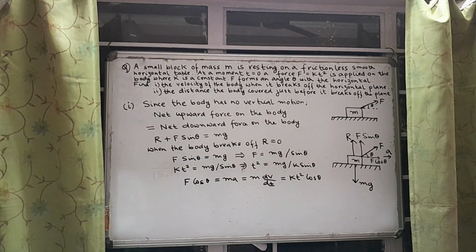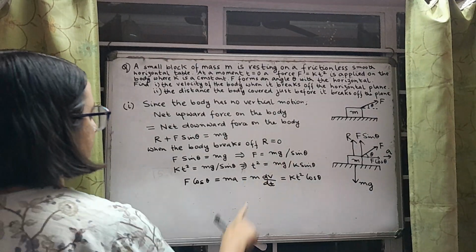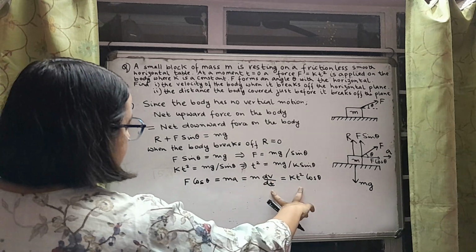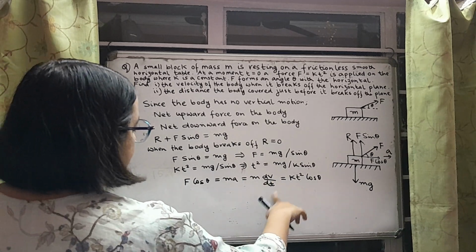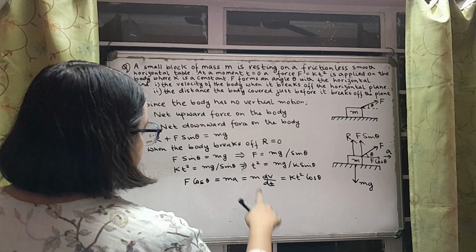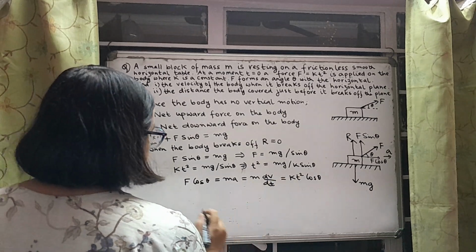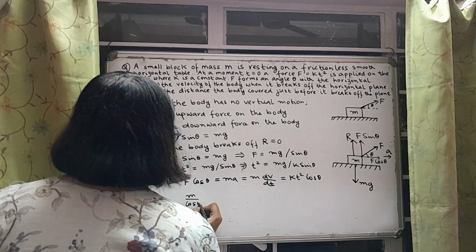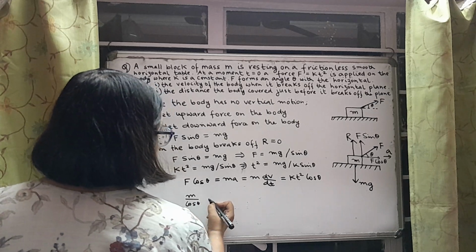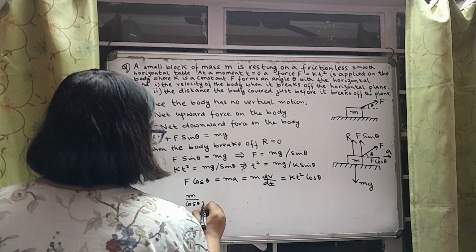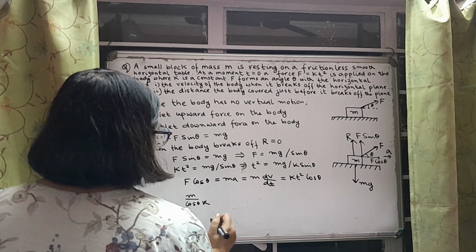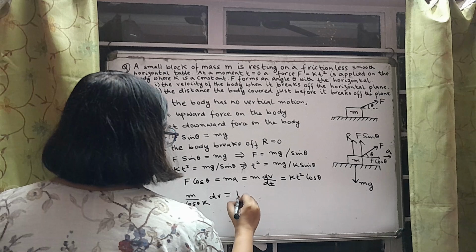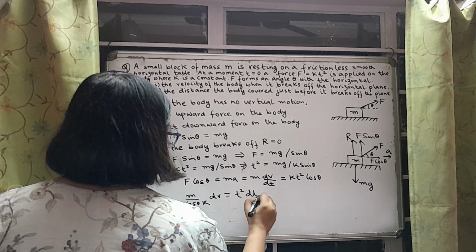Now if I rearrange this equation, let me bring t up here and keep m and cos theta here. So m by (k cos theta) dv will be equal to t squared dt.